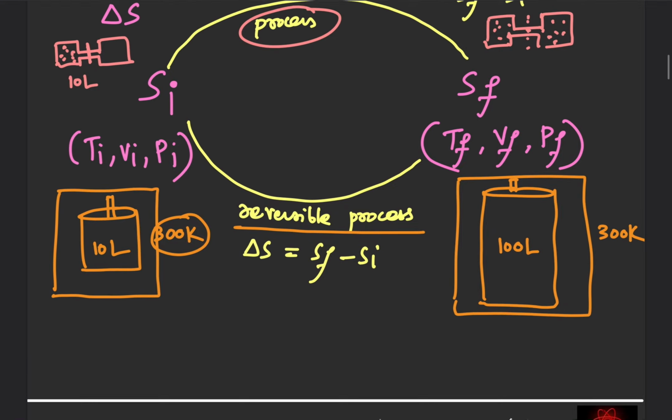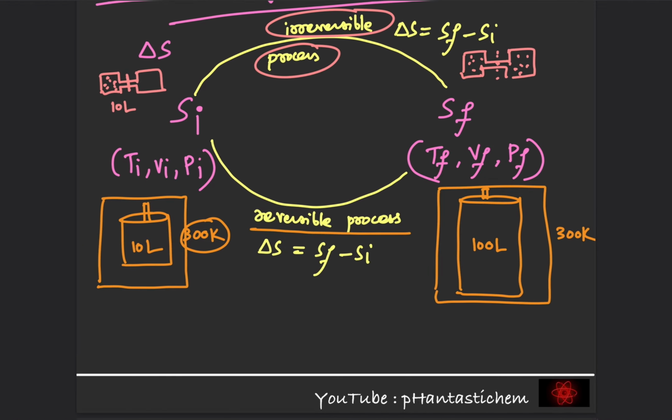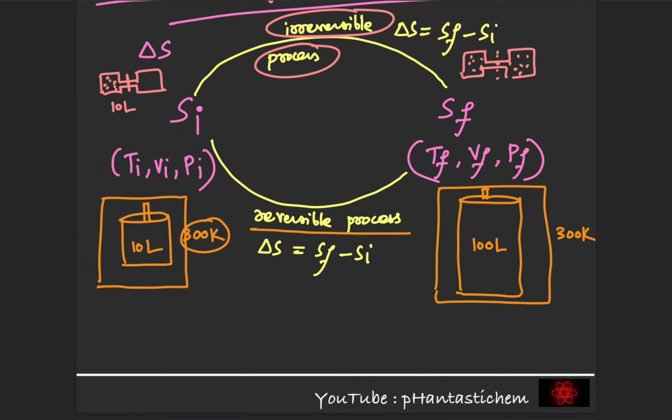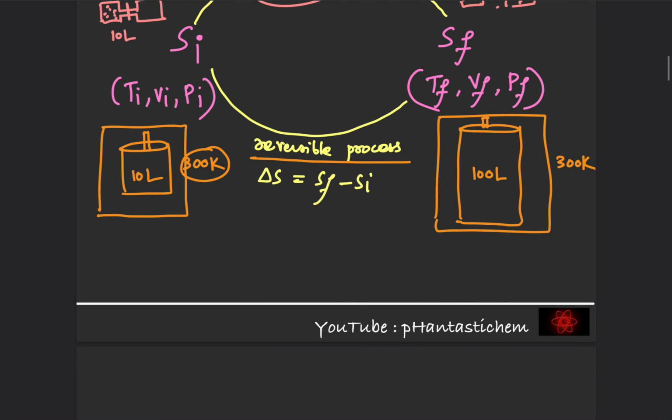In both situations, that is the irreversible process and the reversible process, the conditions are the same: Ti, Vi, Pi. Here also in both situations, in the final state, the conditions are the same: Tf, Vf, Pf. So for the reversible process, obviously delta U is equal to 0 as temperature is constant.